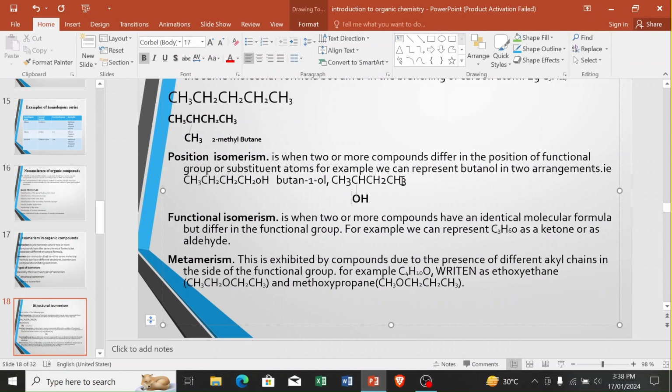When I start counting from the right hand side, the OH, which is the functional group, is on carbon atom 3. So I take the one which is less, which is 2. How many carbon atoms? 1, 2, 3, 4. An alkane with 4 carbon atoms would be butane.